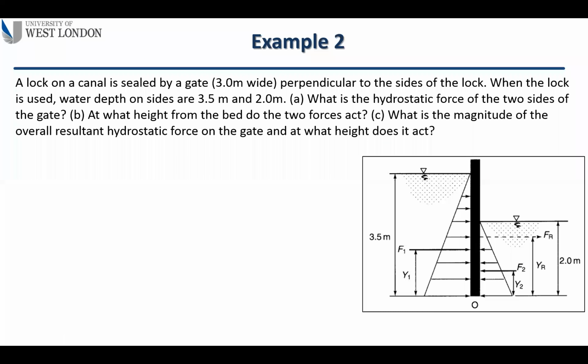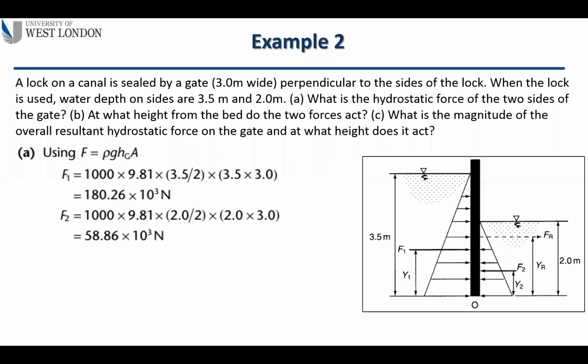For section 1, it's very easy to calculate the hydrostatic force. We need to see where the centroid of the surface on each side is, and easily calculate by using this formula, rho g h_g times A. Okay, let's look at F1 first.